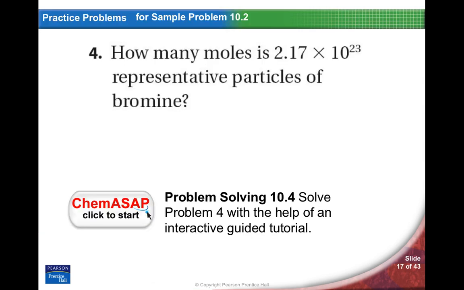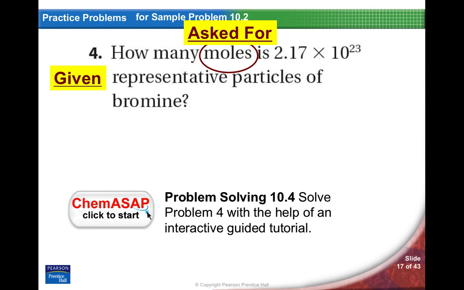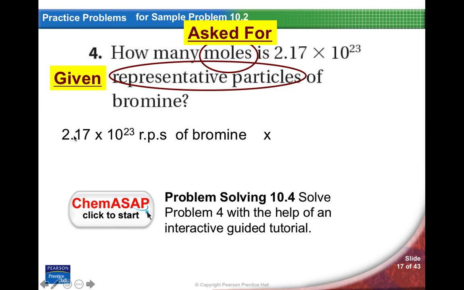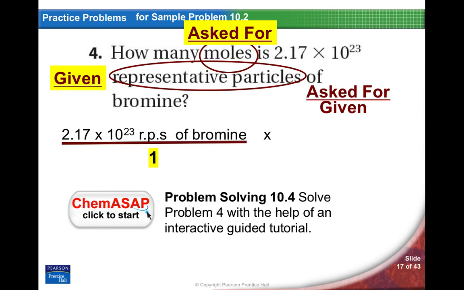All right, here's another one. Same kind of thing. 2.17 times 10 to the 23rd representative particles. Well, you might remember that bromine's a diatomic element. That's why they can't put atoms, but whatever. Again, moles are being asked for, and representative particles have been given to you. So write down your given information, so RPs, representative particles. And then you need a conversion factor that has the asked for unit on top and the given unit on the bottom.